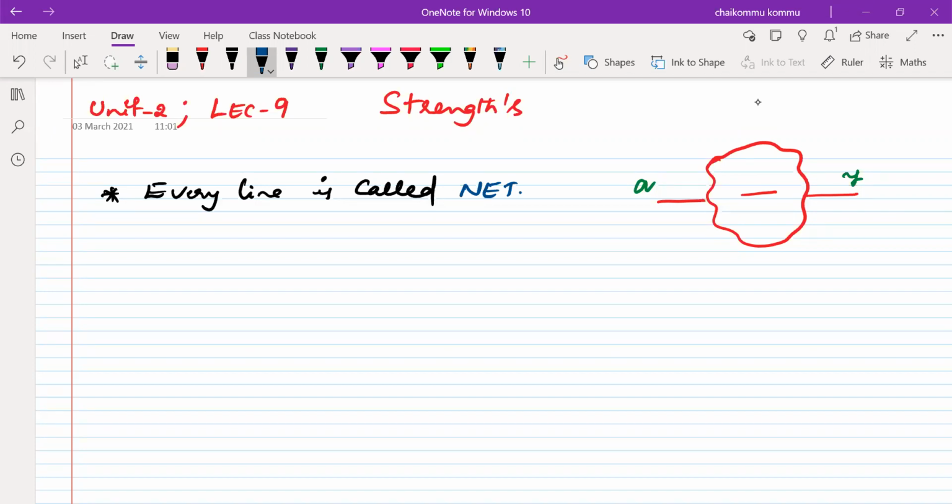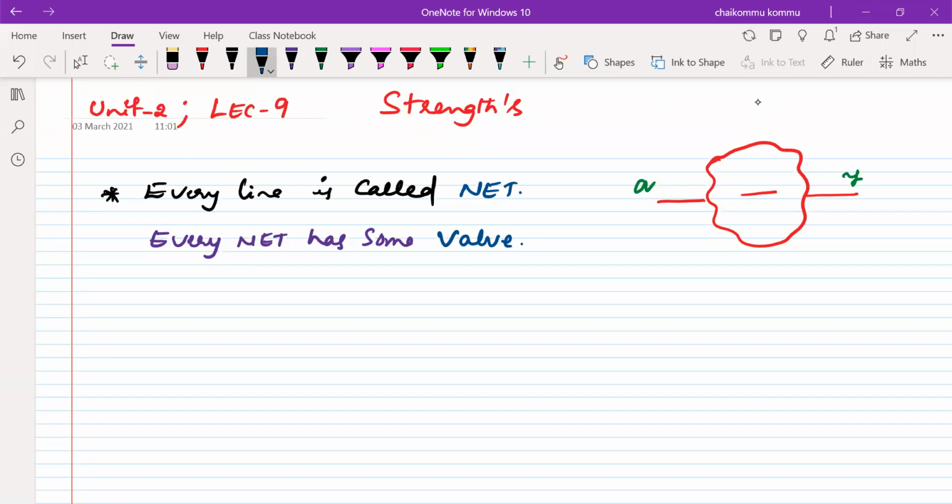The net has some kind of value. Every net has some value. So what are the different values that we have seen?